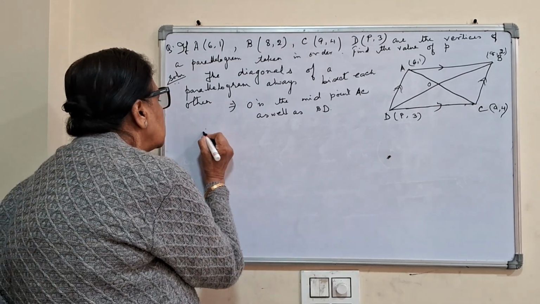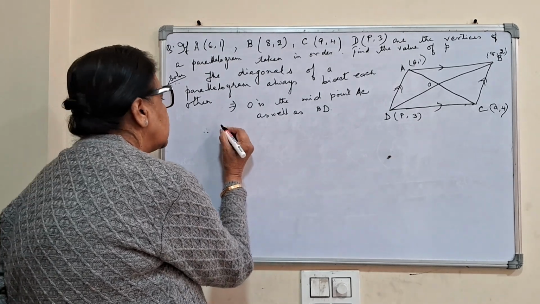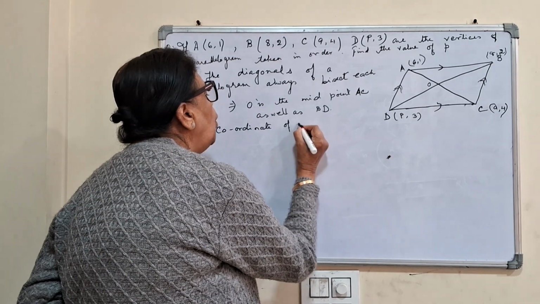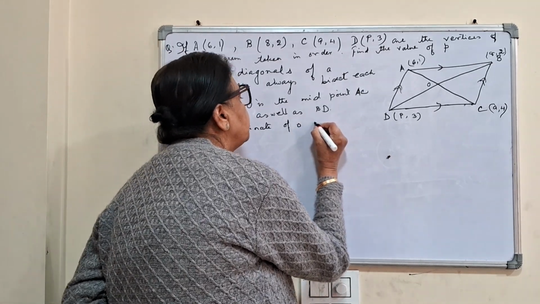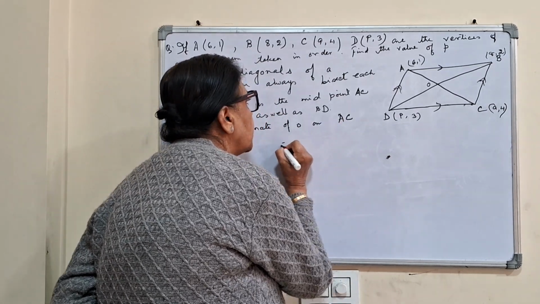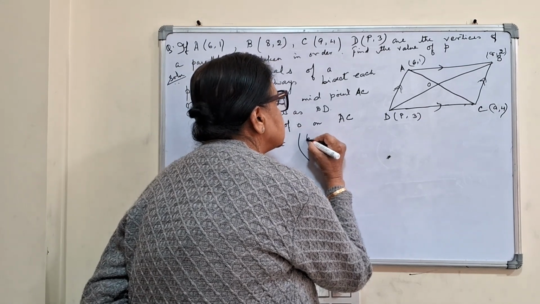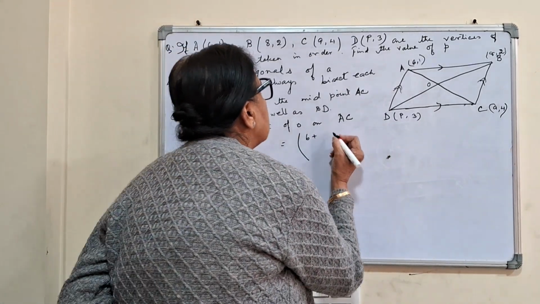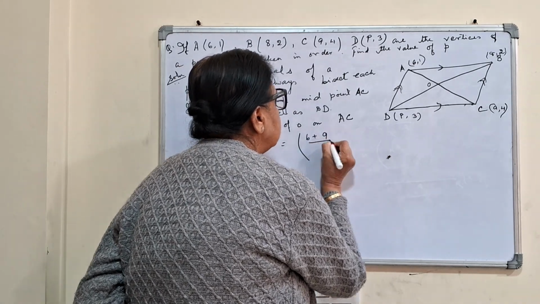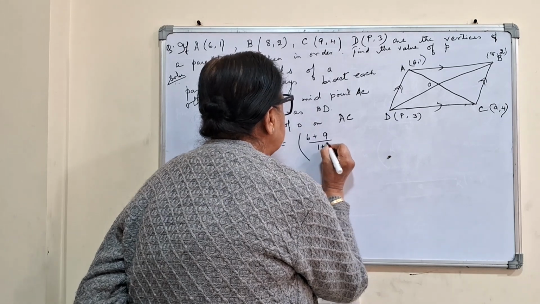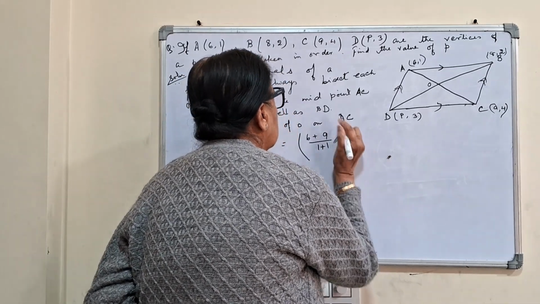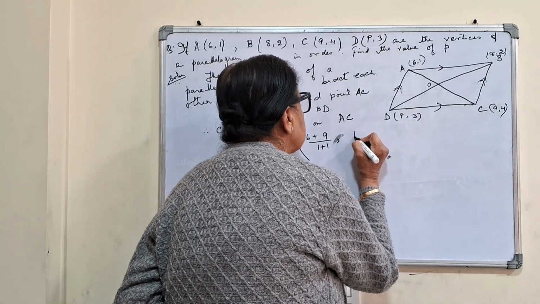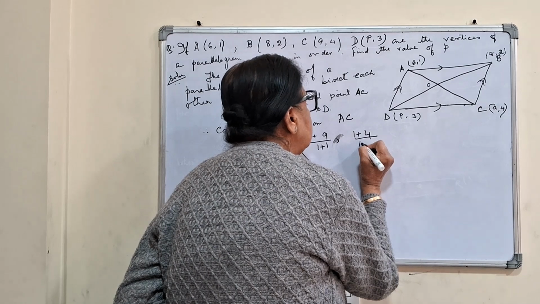Therefore, coordinate of O on AC is equal to, it divides 1:1, midpoint, that is (6 plus 9) divided by 1 plus 1, and comma, this is BD, that is (1 plus 4) divided by 1 plus 1.